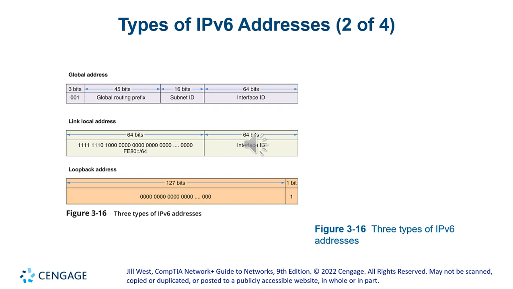So that will become FE80. We always have that on your first 64 bits on your workstation, and then of course the second half. For the loopback address, it will be a string of zeros. You see it's all 0s for 128 bits, and then 1 bit at the end to identify that that's your loopback address.